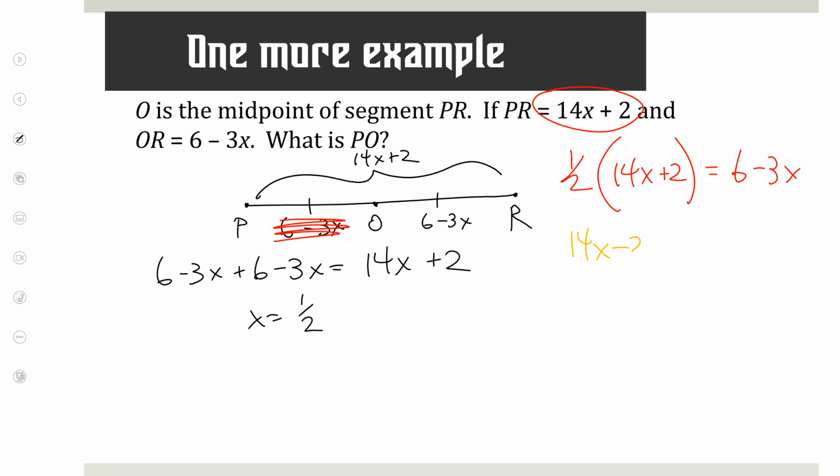What I can do, however, is instead of taking the big stick and cutting it in half, I can take the small stick and multiply by 2. All of those are the exact same thing. They're all going to give you the right answer of x being 1/2.